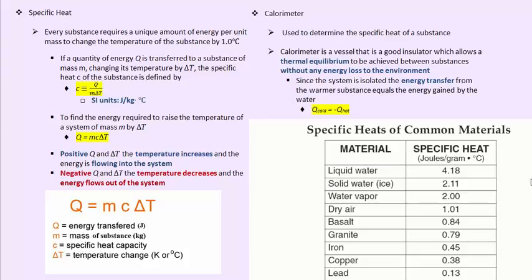As mentioned before, each material has its own unique specific heat. And in our table to the right, we have the specific heats of some common materials that we use to measure the amount of energy required to raise the temperature of the system.